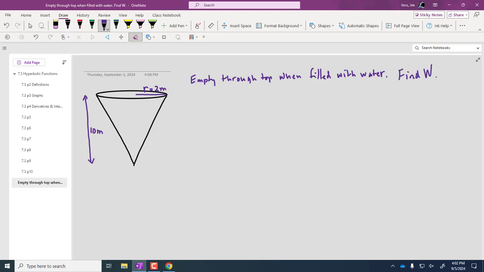So find the work done in emptying through the top, just right over the edge, when it's filled with water. And remember that the density of water is 1,000, gravity is 9.8.